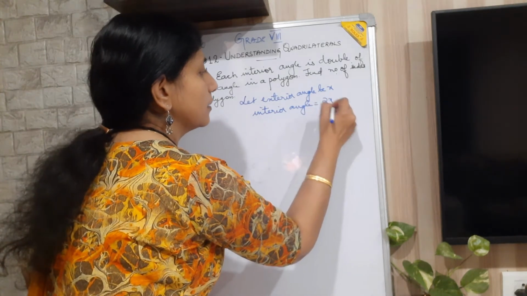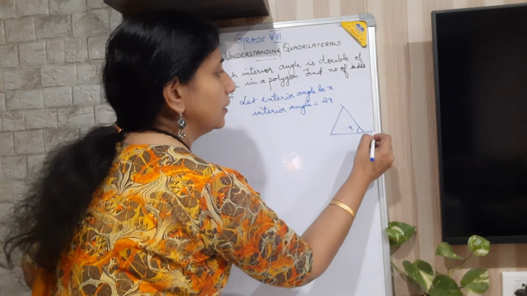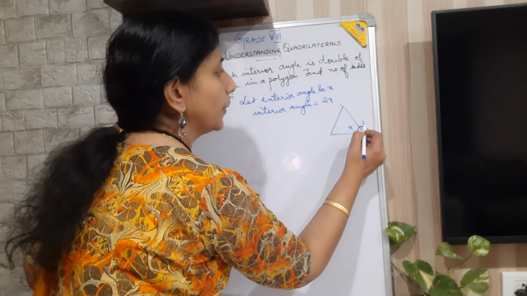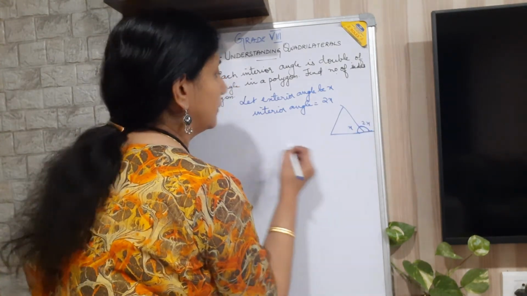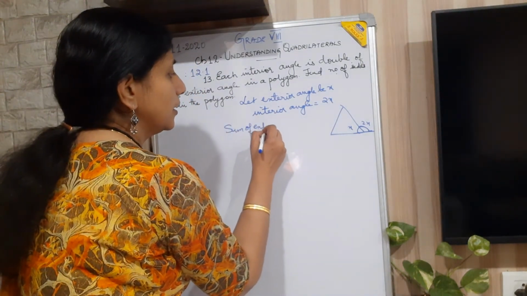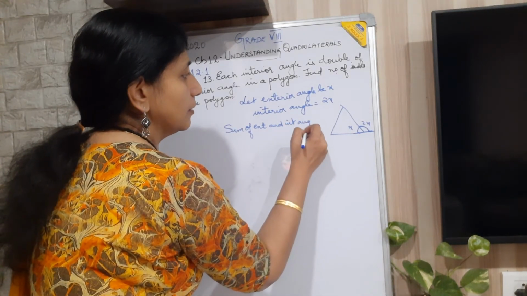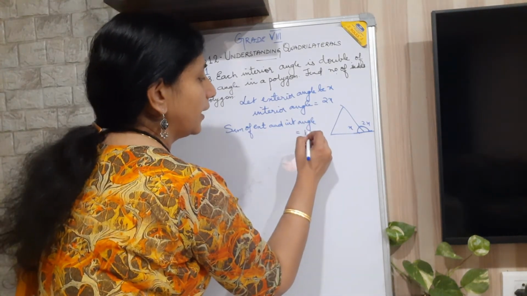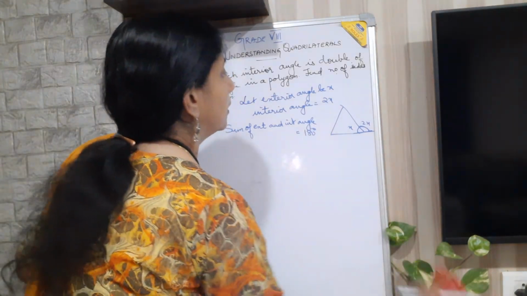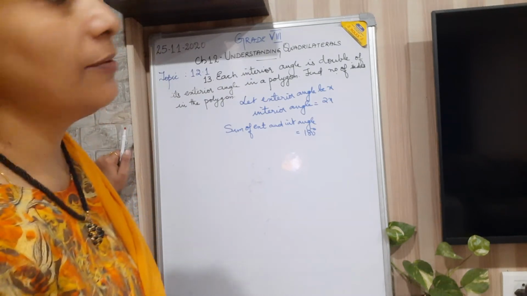See that if this is the interior angle, this will be 2x. So their sum, that is sum of exterior and interior angle, equals to 180. This is straight angle, so it is 180 degree. Okay. In case of rectangle also, all the polygons, interior plus exterior will be 180.